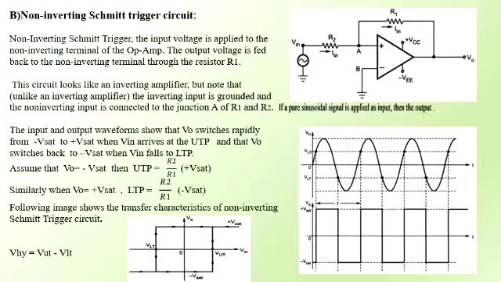Similarly, when the output changes to the positive saturation level, the lower threshold point VLT equals R2 divided by R1 times minus Vsat. So from this image we can show the transfer characteristics of the non-inverting symmetrical circuit.